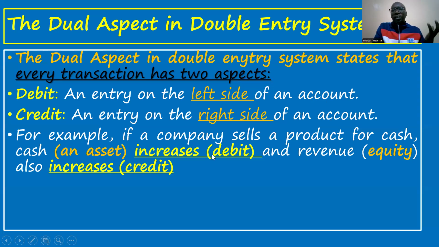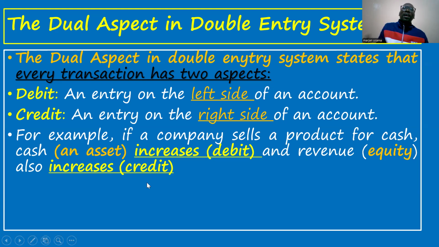So the debit will increase because when you sell, what happens? You get cash. So cash comes in. And the revenue, which is your equity, will also increase. So you will also credit your revenue.